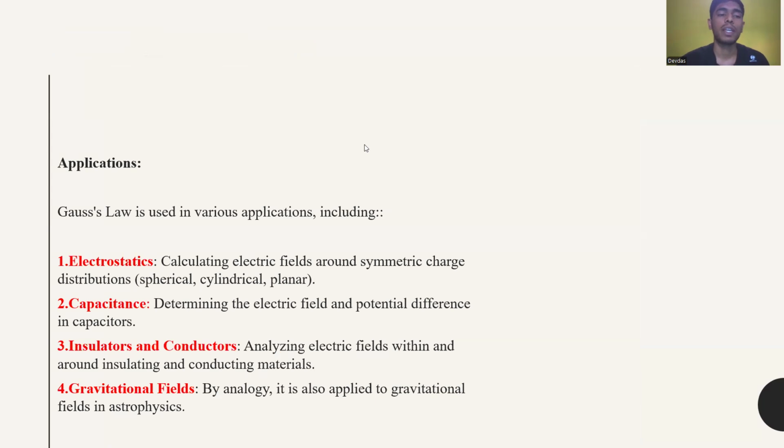Let us go through the applications of Gauss law. Gauss law is used in various applications, including electrostatics, like calculating electric fields around symmetric charge distributions; capacitance, determining the electric field and potential difference in capacitors; conductors and insulators, analyzing electric fields within and around insulating and conducting materials; and gravitational fields.